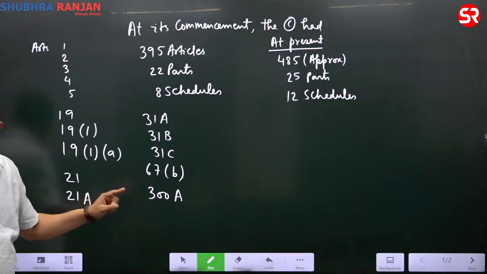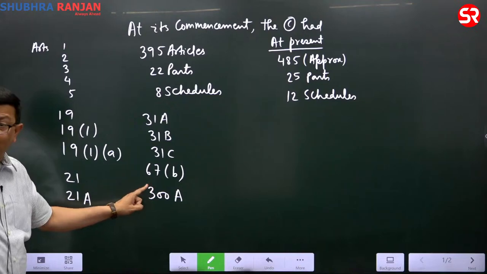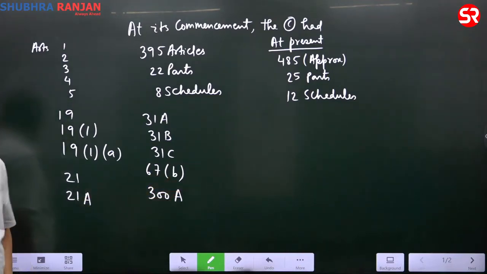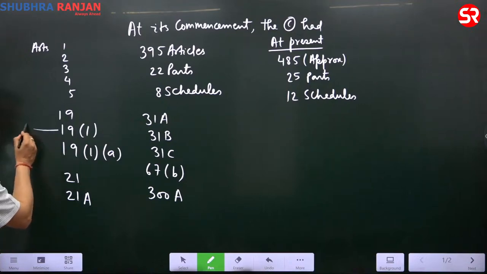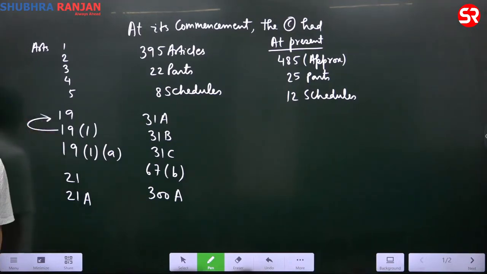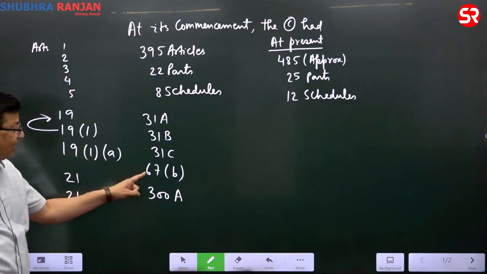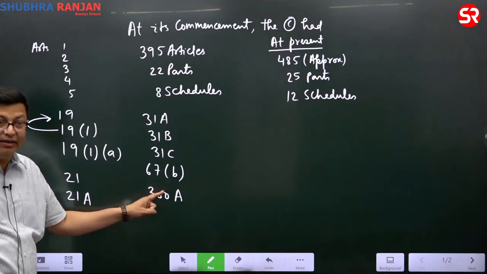Or our constitution makers have used this pattern for some articles: article 67 clause B. So if I say article 19 clause 1, it is a part of article number 19. It is not a separate article. Then this one is a part of article number 67. It is not a separate article.